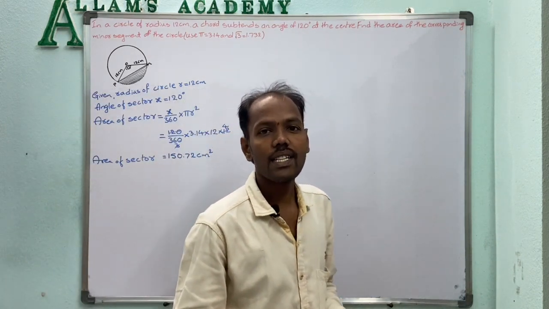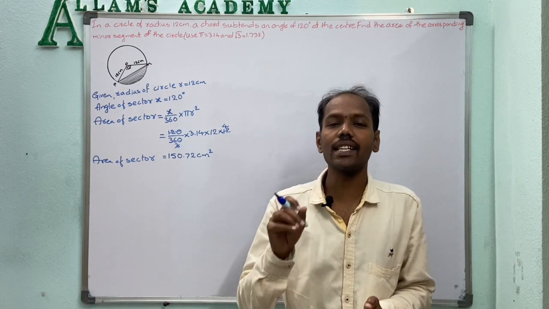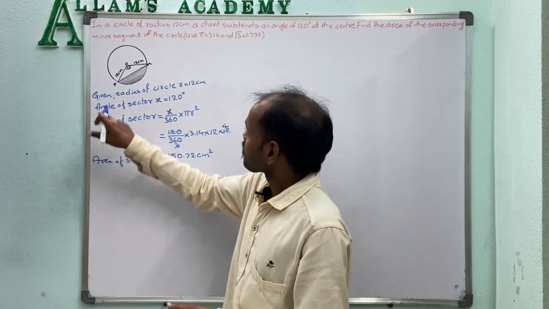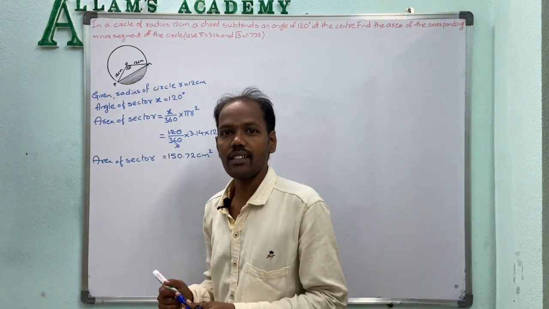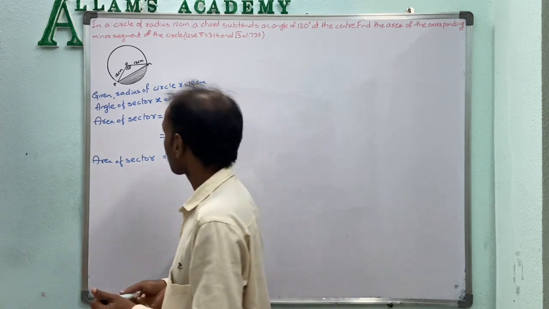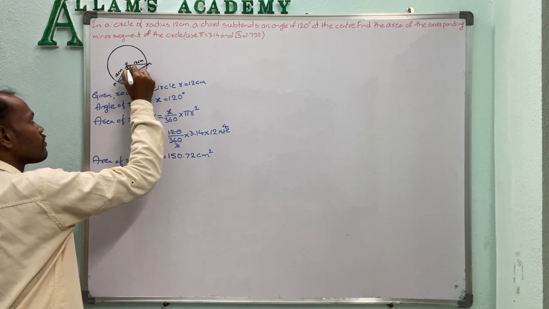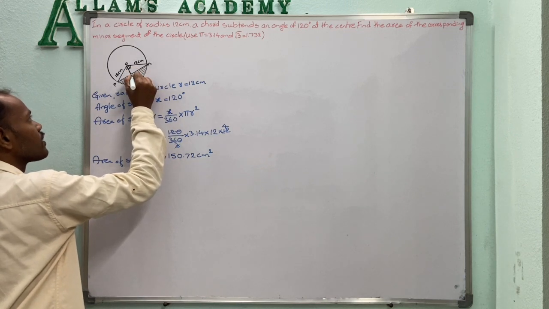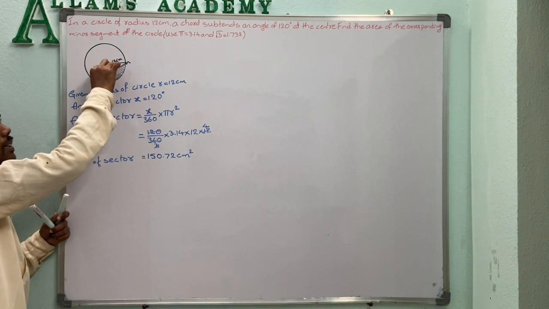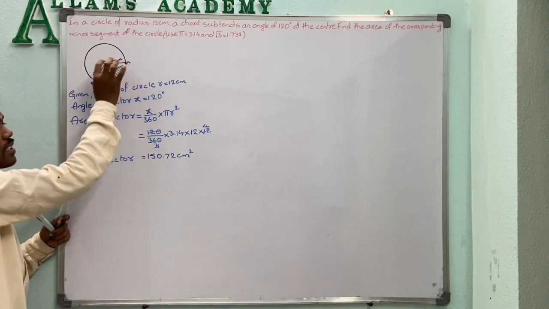The area of the triangle as half base into height is applicable only for a right triangle, not for all triangles. Here the given angle is 120 degrees, so it is not a right angle. So what we have to do is, from the center, draw a perpendicular ON to the chord. The drawn perpendicular ON divides it into two parts.